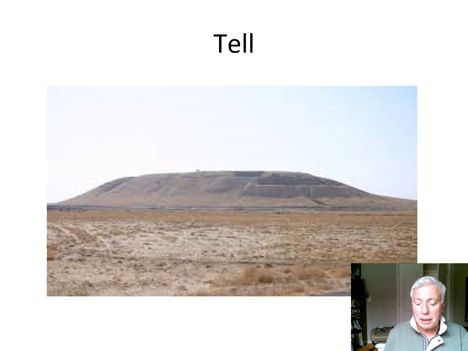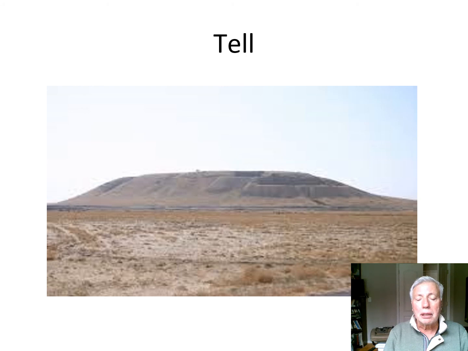A tell is a human-made mound that is easily identified because it swells out of the ground and has no compatibility with the topography of the region. So it's very obvious.